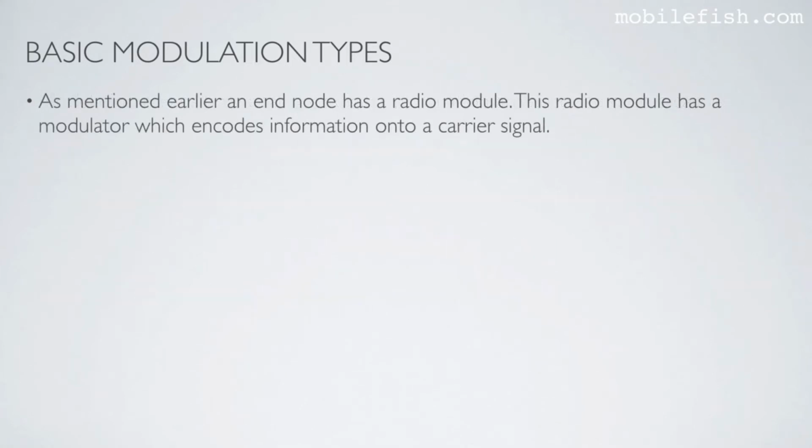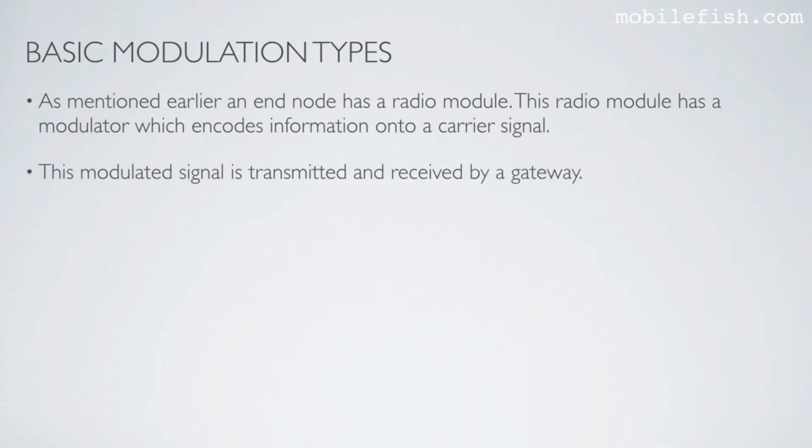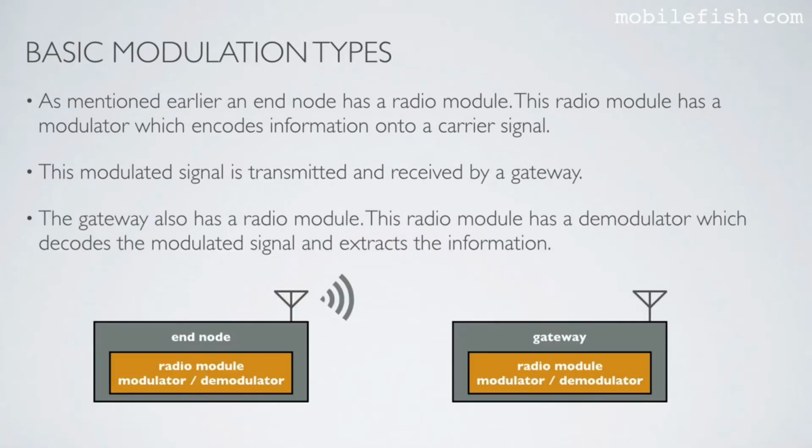As mentioned earlier, an end node has a radio module. This radio module has a modulator which encodes information onto a carrier signal. This modulated signal is transmitted and received by a gateway. The gateway also has a radio module. This radio module has a demodulator which decodes the modulated signal and extracts the information.